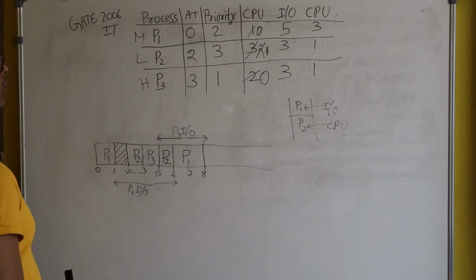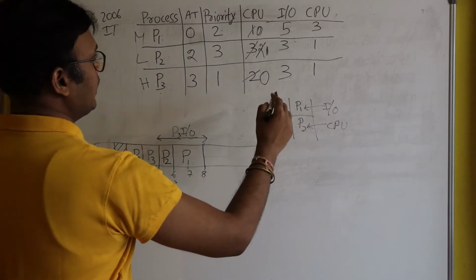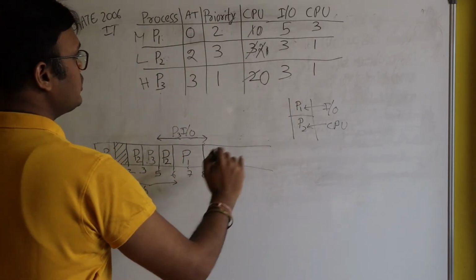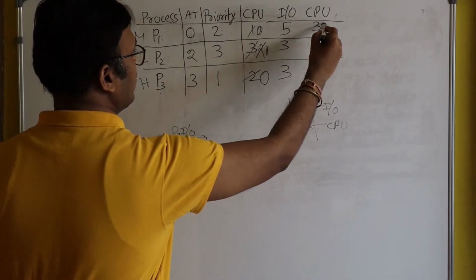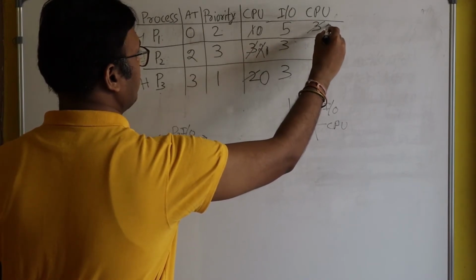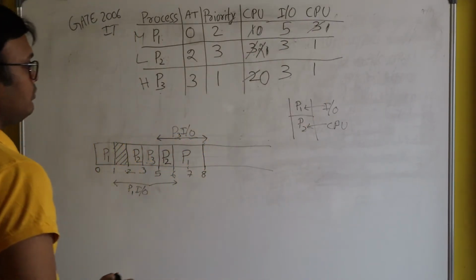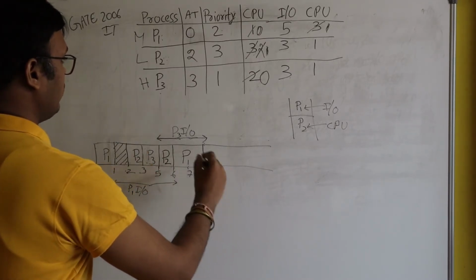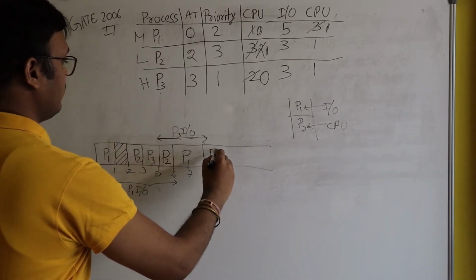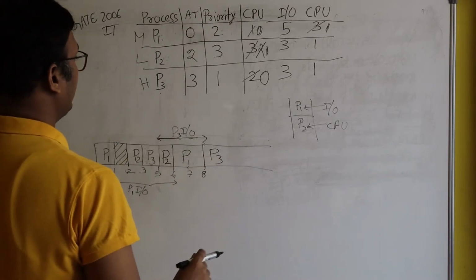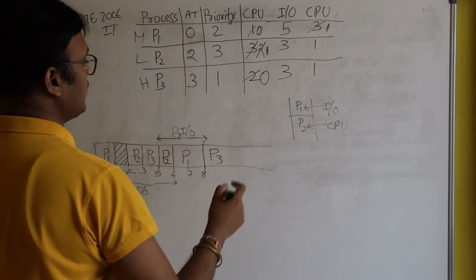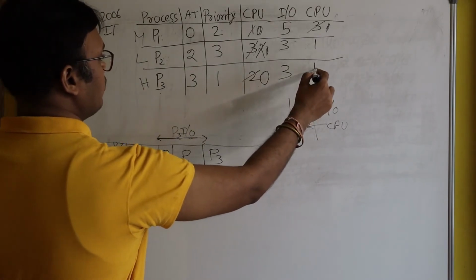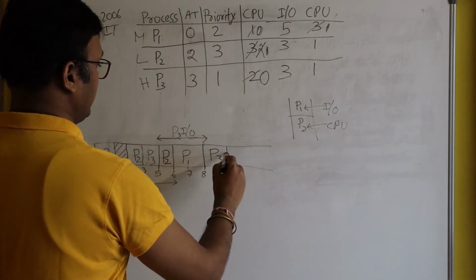Since process P1 has executed 2 seconds of its last CPU burst, only 1 second is left. Since P3 came at 8 seconds, here I will write P3. Nothing to worry, just execute fully for this 1 second from 8 to 9.